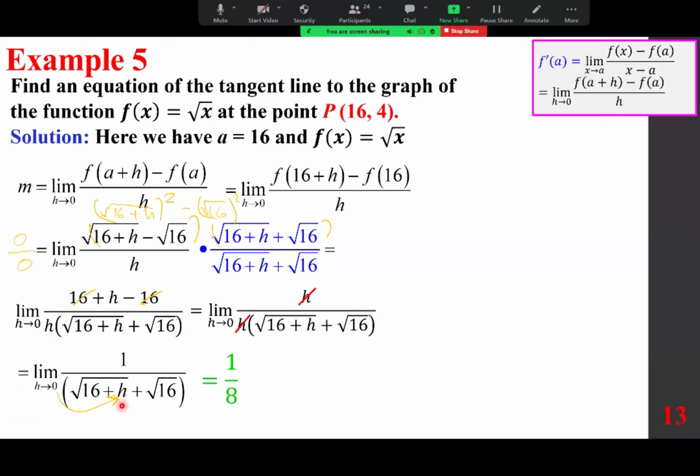Now that you have the slope, you plug in: y minus y1 equals m times x minus x1. That means y minus 4 equals 1 over 8, my 1 over 8 is here, times x minus x1, that means x minus 16. And now all you have to do is distribute, and here's what happens, everybody.